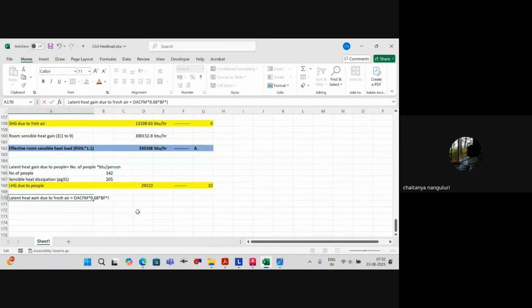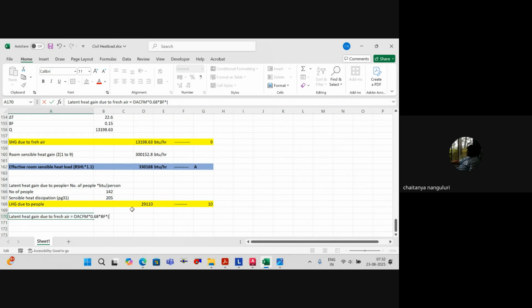Not 1 minus bypass factor; that comes at the last, which I'll explain later. This particular one is fresh air that is not touching the coil. The part touching the coil we'll calculate separately. Understood? So bypass factor into delta HR we have to calculate.